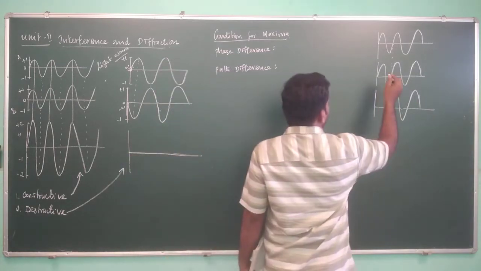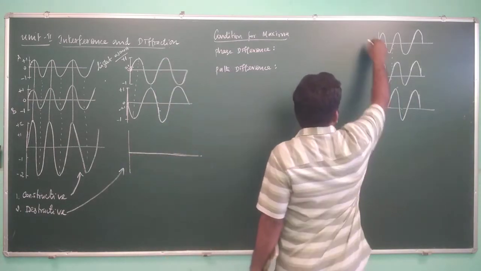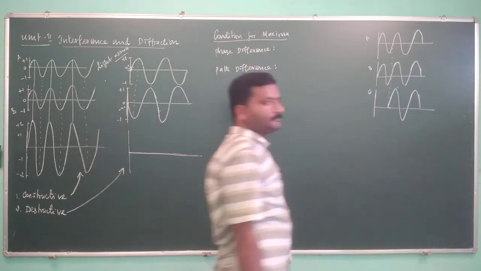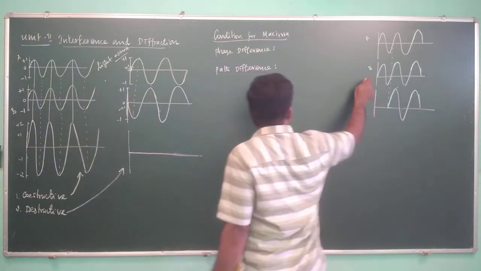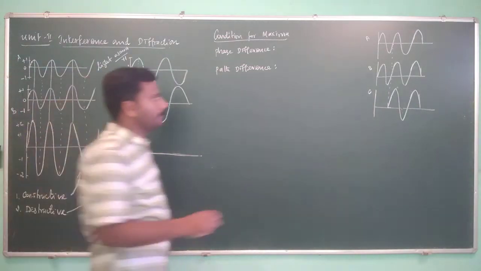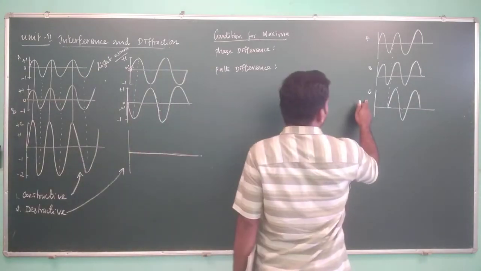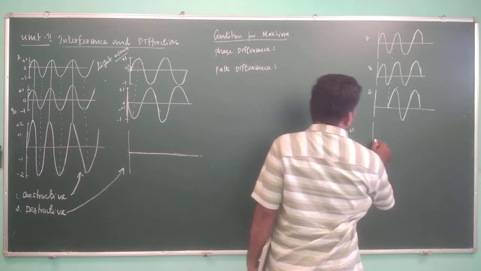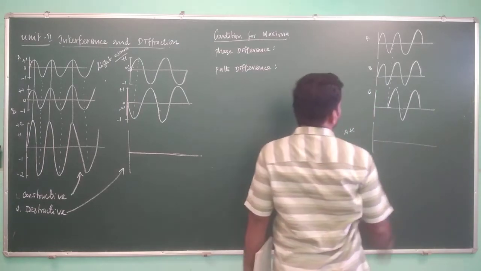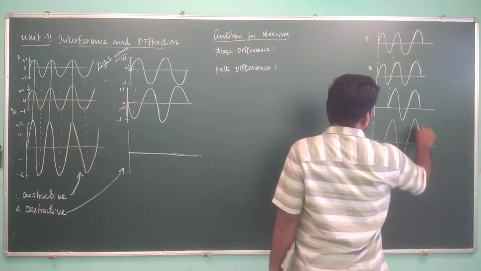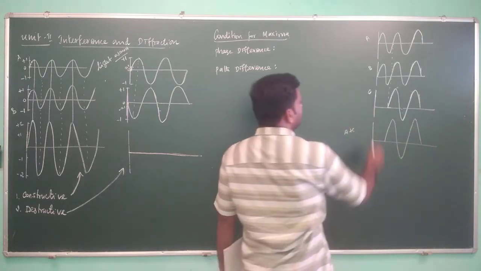See, this is wave A, this is wave B, this is wave C. And we have already seen that when wave A and wave B interact, we get constructive interference because both waves started from the same point. What about wave C? When you add A plus C, what would be the resultant wave? Here also constructive interference would happen.